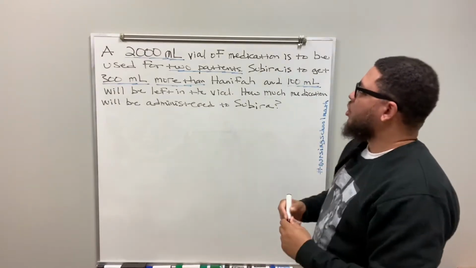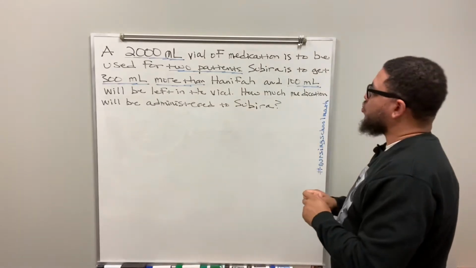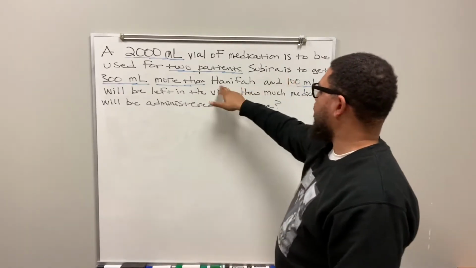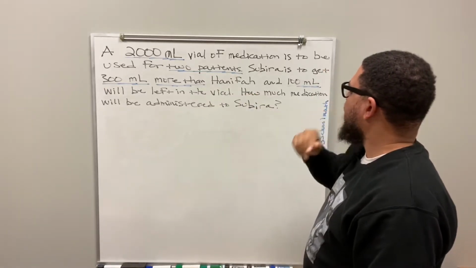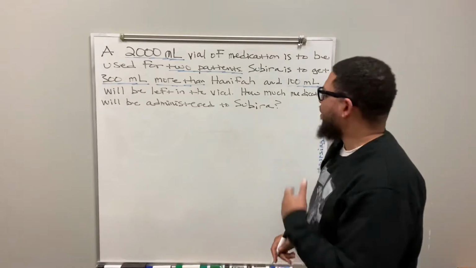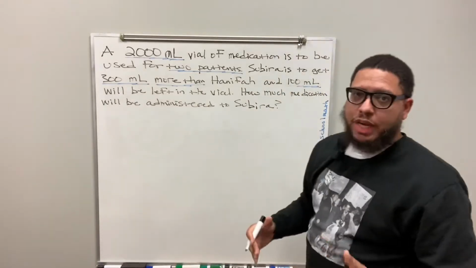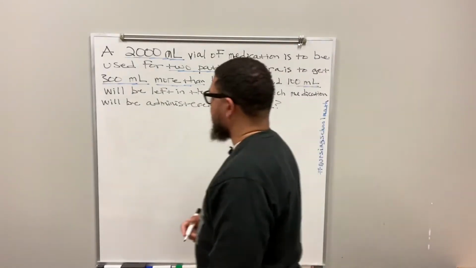So we first want to pick variables to represent our 2 patients. First patient is Sabira. Second patient is Hanifa. I'm not going to use variable S to represent Sabira because my S's sometimes look like 5s, and I don't want to confuse anybody. So I'm going to use a B to represent Sabira.